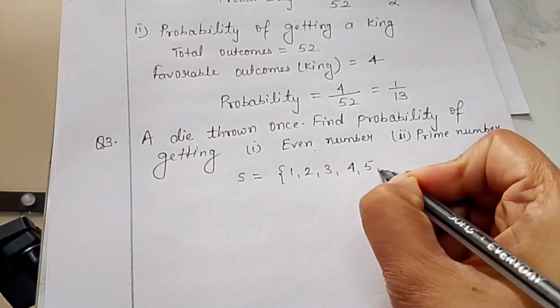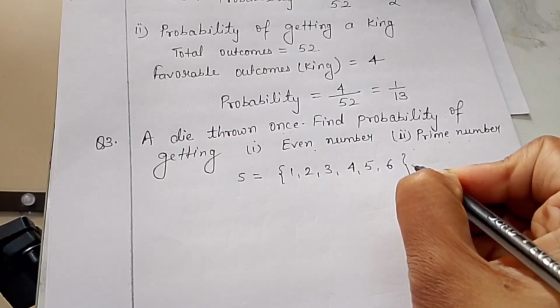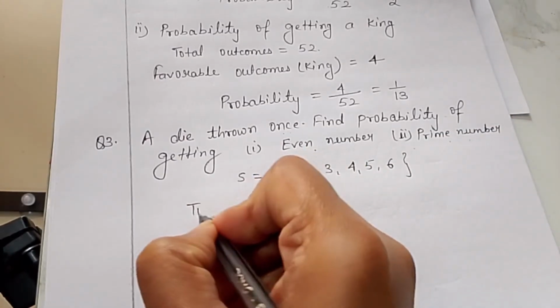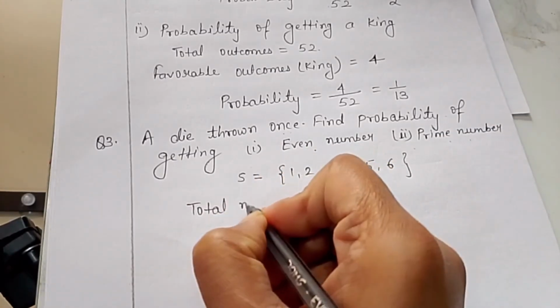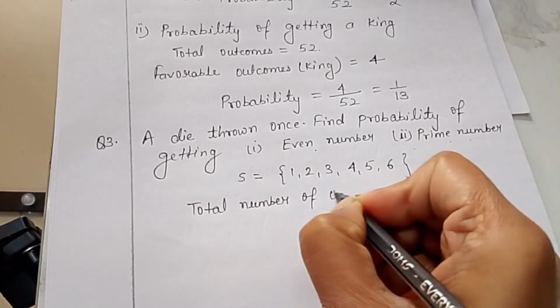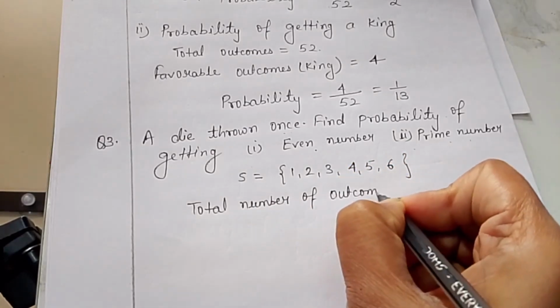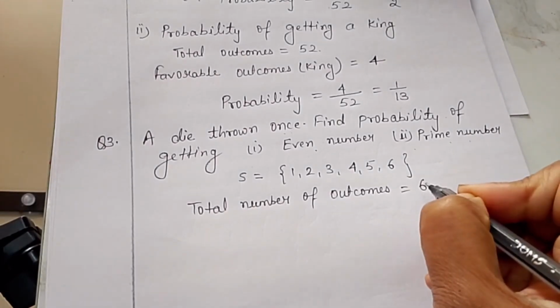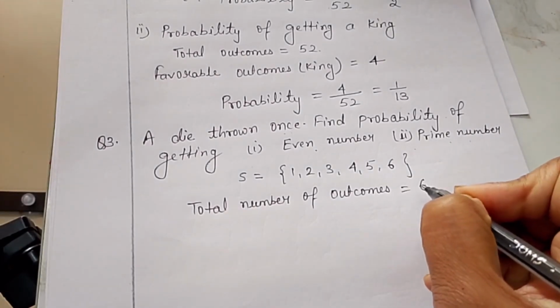This means our total number of outcomes is equal to 6.